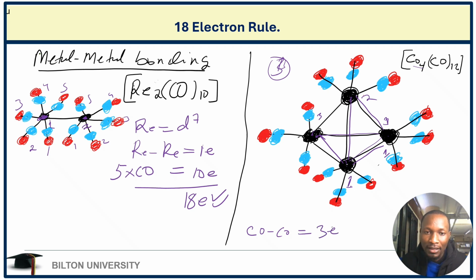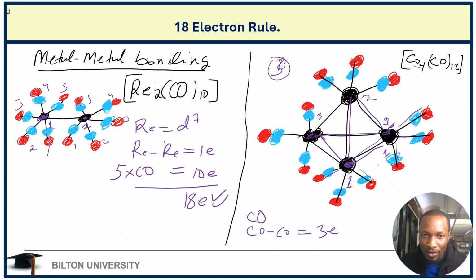And let's look at the number of carbonyls. Let's check each cobalt, or each metal, at a time. So I'll start with this one. I have 1 carbonyl, 2 carbonyl, and 3 carbonyl. So each metal is bonded to 3 carbonyl ligands. Even if I take this one here, I'm going to have 1, 2, 3.